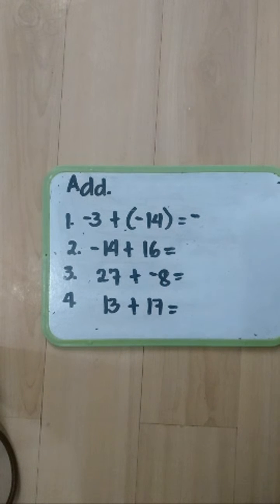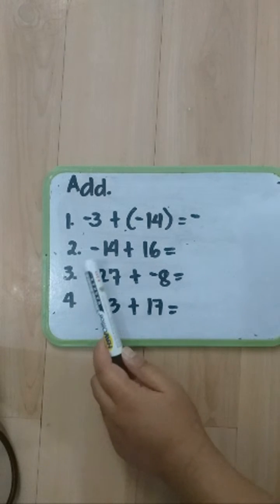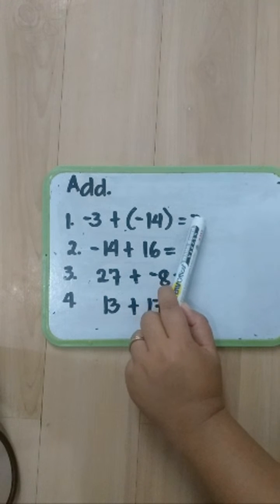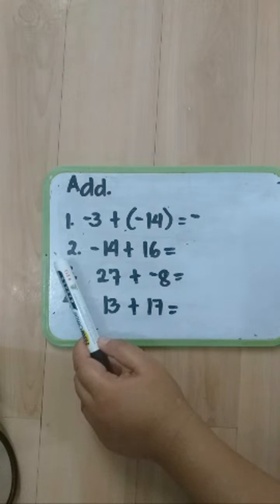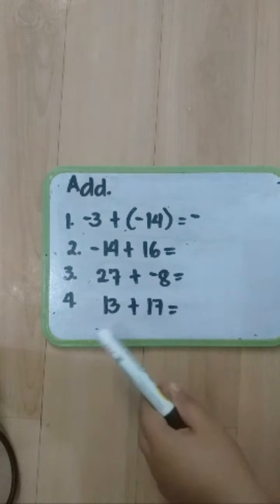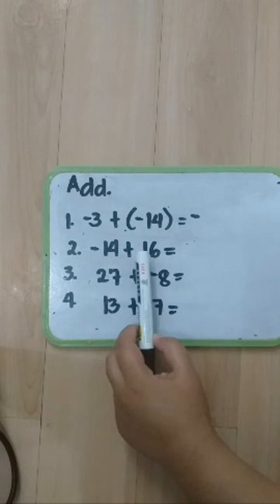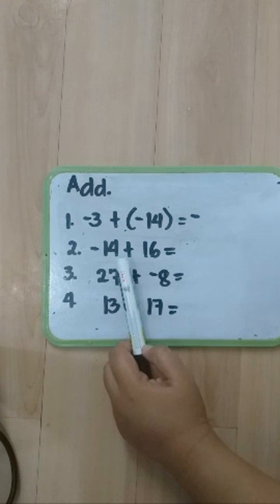Yung mga naka-attend kahapon sa live ko, na-discuss ko yung method number 1, which is using number line. So, here, negative plus negative, the answer is negative.